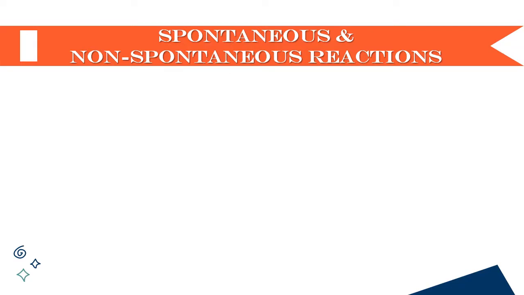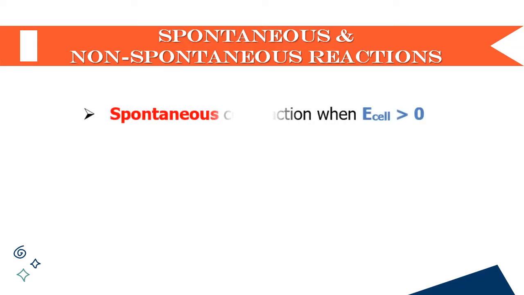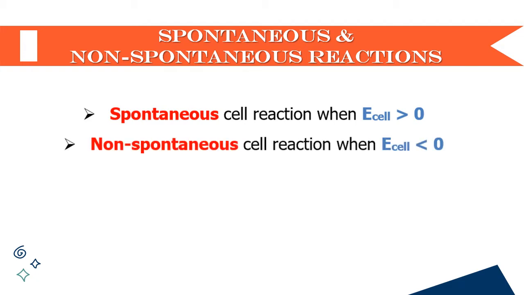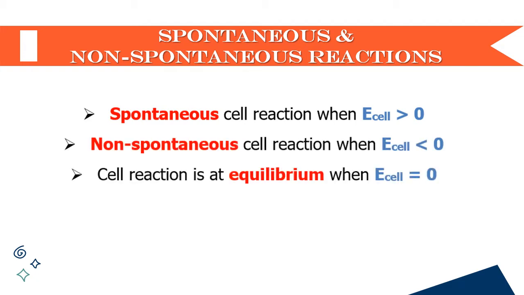For the spontaneous and non-spontaneous reaction, spontaneous reactions will have the value of E cell bigger than 0, non-spontaneous reactions less than 0, and if the cell reaction is at equilibrium, the value of E cell equals 0.